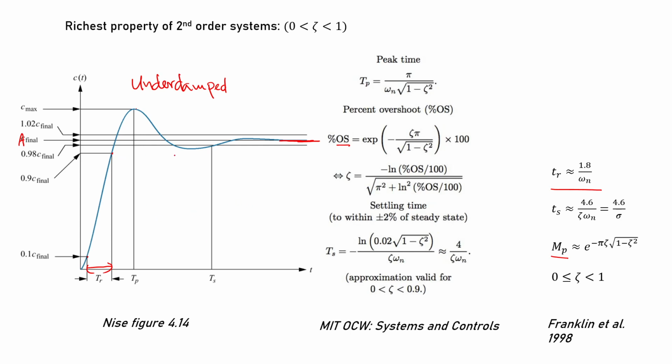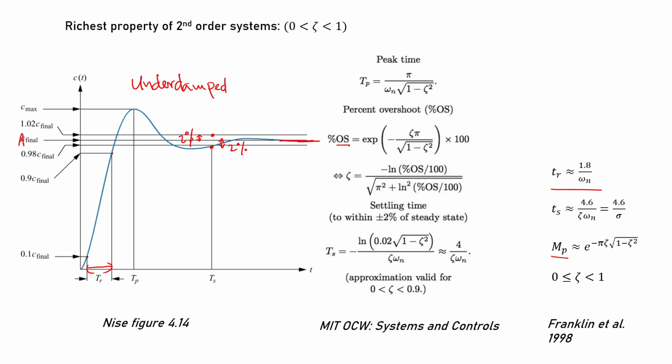And then settling time at 2%. This zone you can see here, it means from here to here is just 2%. From here to here is also 2%.